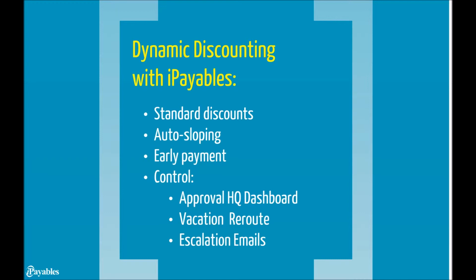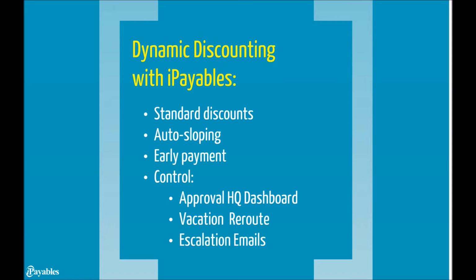Next after that, you might still have some discounts where for whatever reason, it's still going to take 12 or 15 days. You've got it in dispute, you're having discussions, you finally figure out, okay, it's okay for us to pay this, but your 10 days or 5 days, whatever your discount term is, is already past due. At that point, for auto sloping, we're going to prorate that discount based on when you're actually paying it.